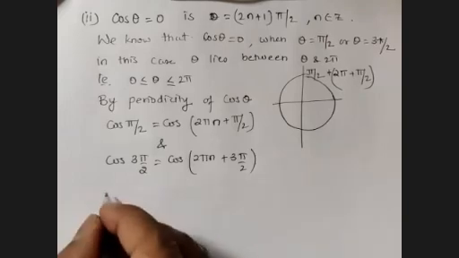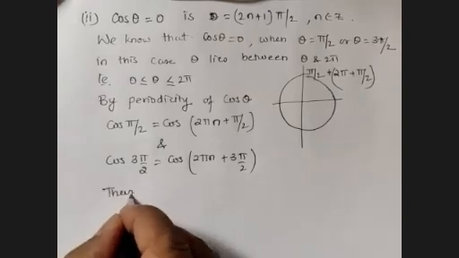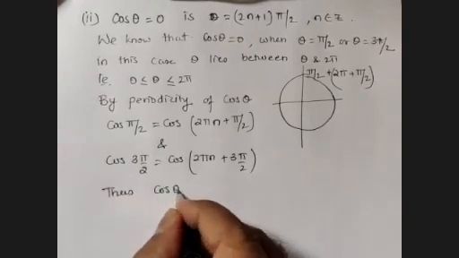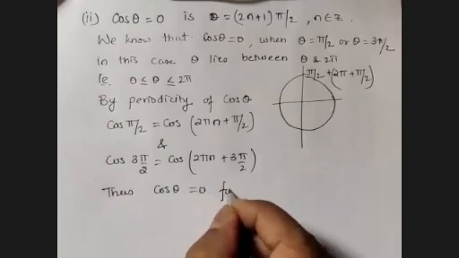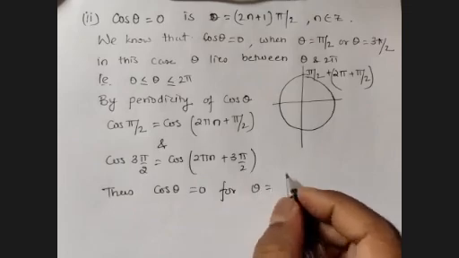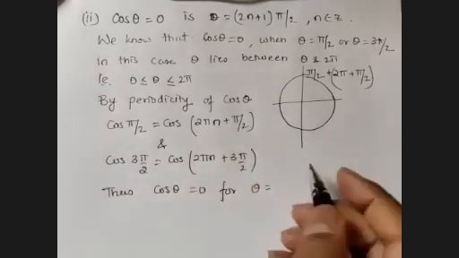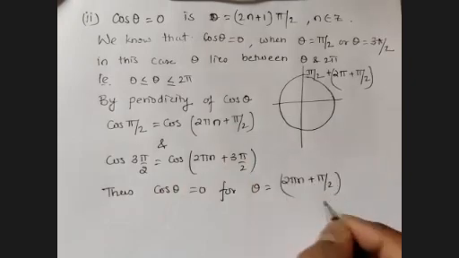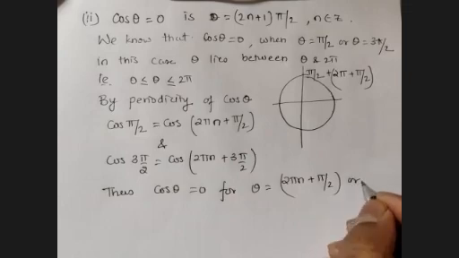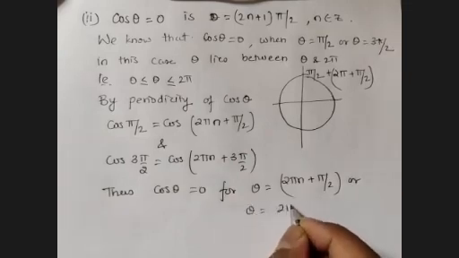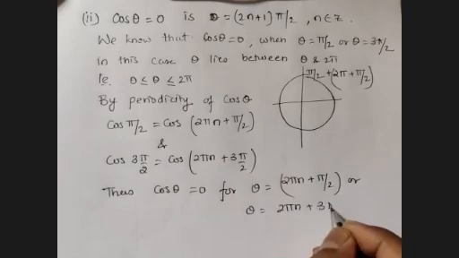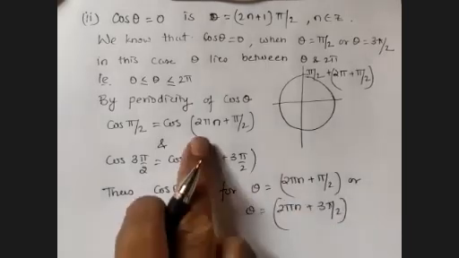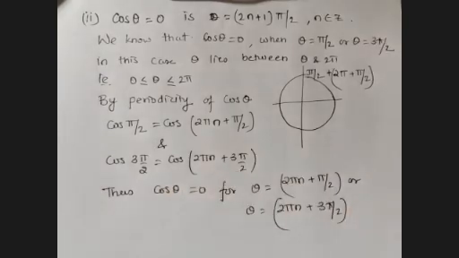So here you can say that cos theta is 0 for theta is equal to either 2 pi n plus pi by 2, or for theta is equal to 2 pi n plus 3 pi by 2, either for this value or for this value.